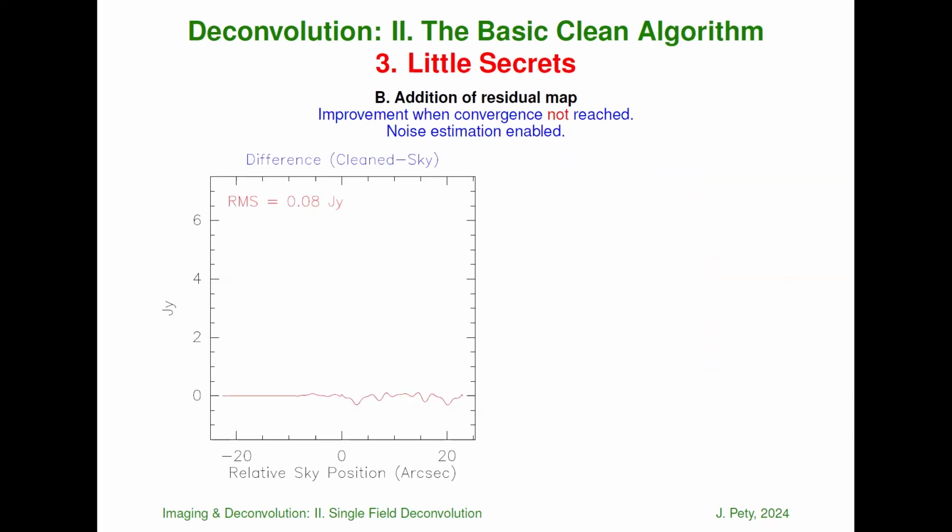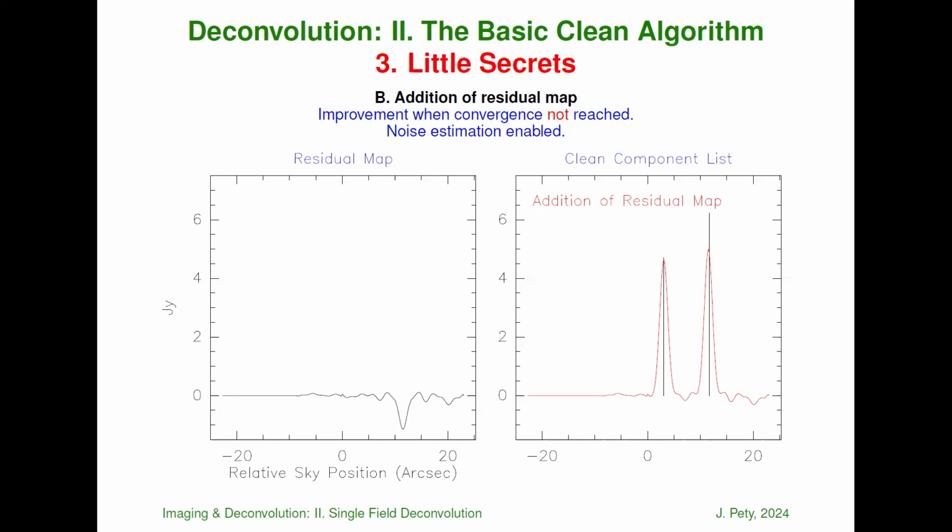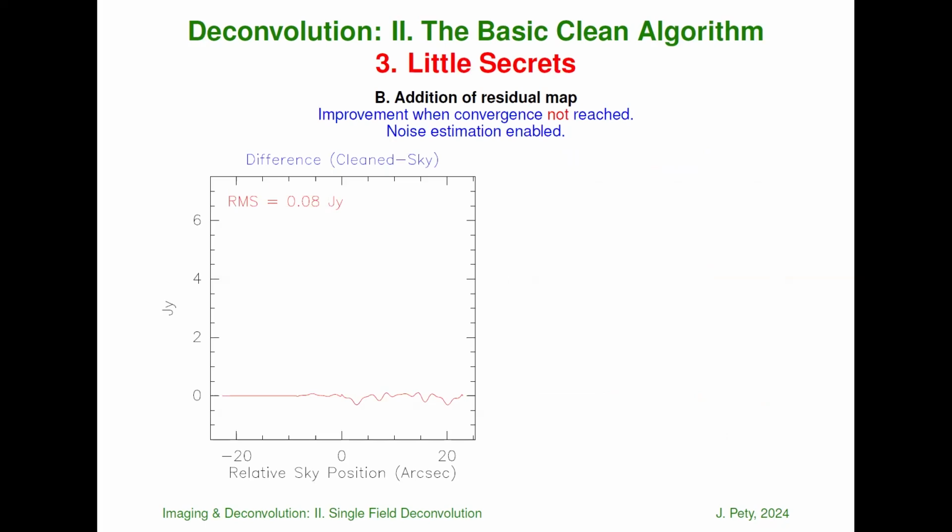We can compute the difference between the clean image, that is the addition of the regular clean component list and the residual map, and the actual sky distribution, and we get this. So it's not perfect, but we see that the RMS decreased a lot from 0.21 Jansky to 0.08 Jansky.